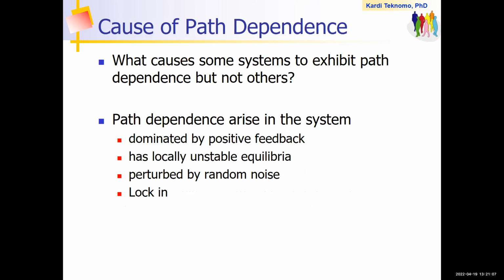So what is the cause? The cause is first there is a dominant positive feedback, and there is a locally unstable equilibrium, and it will be perturbed by random noise to create a lock-in.